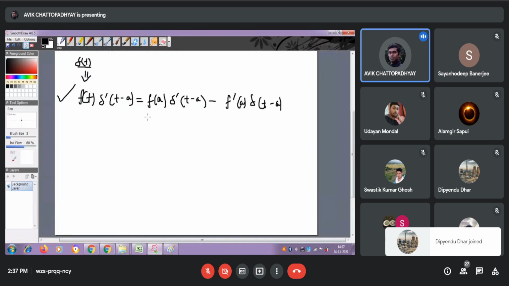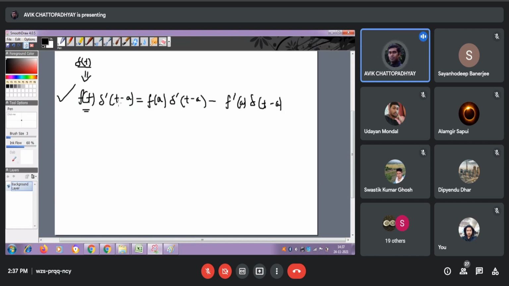So this expression is nothing but f(t) multiplied with delta prime (t minus a). Previously, we multiplied it with delta (t minus a), and the result was f(a) into delta (t minus a). But instead, here the first term is f(a) multiplied with delta prime (t minus a), minus f prime (a).